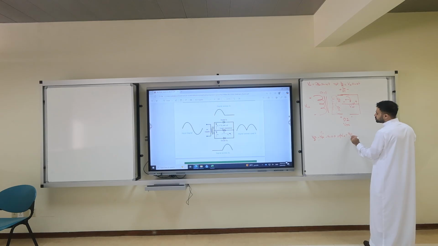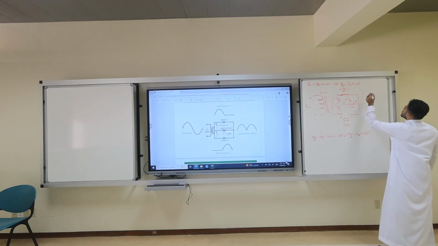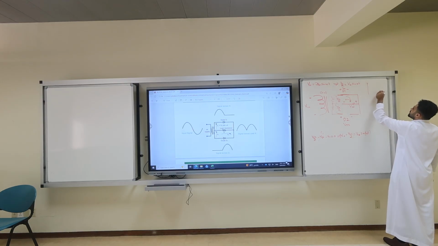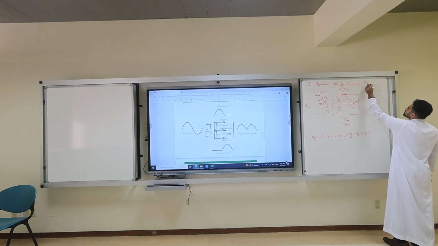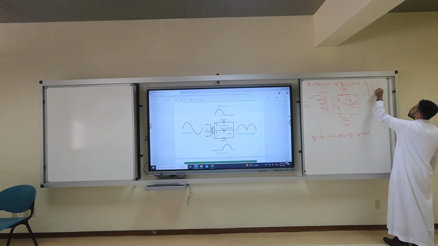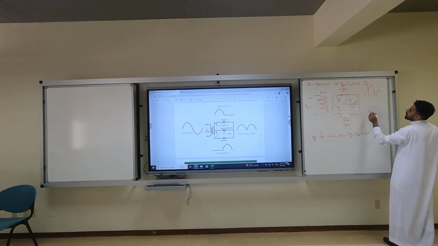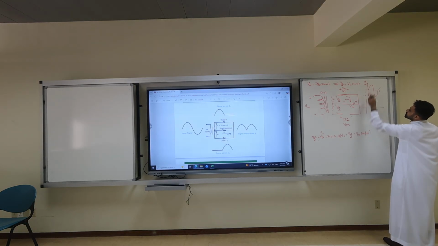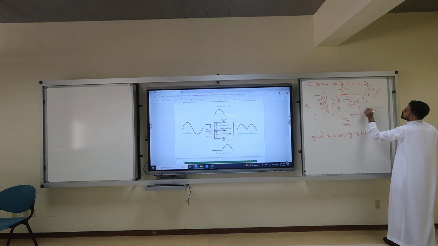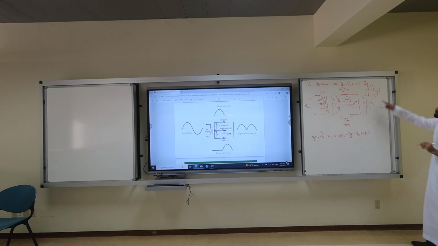V input over 2, which is Vm sine omega t. So if I have here V input to Vm, at the positive half cycle, what do I have? Vm. Here 2 Vm, here Vm.